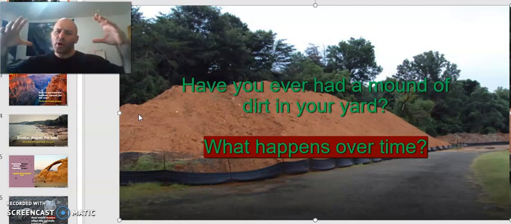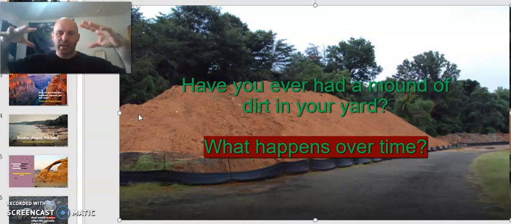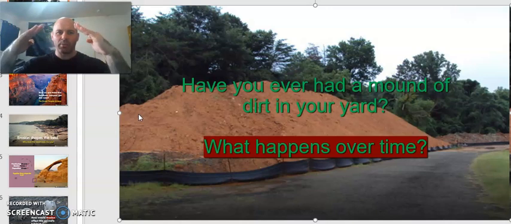It wouldn't grow on its own. Really, with rain and wind, it would tend to get smaller over time and maybe get lower. The height would probably go down and it would probably flatten out, especially if it rained a lot on top of it. That big mound of dirt would probably end up getting shrunken down by that rain and wind.